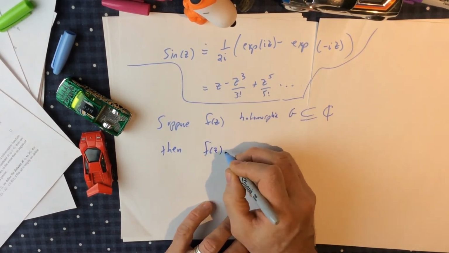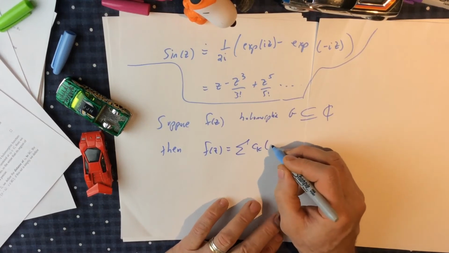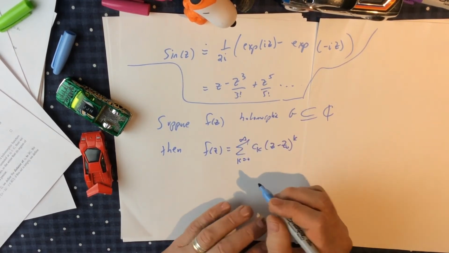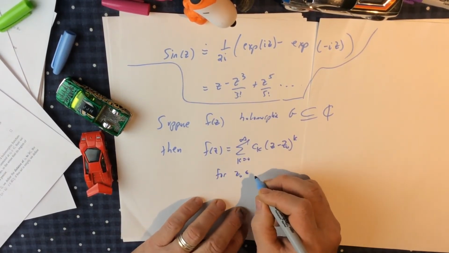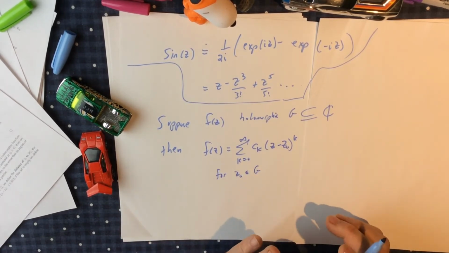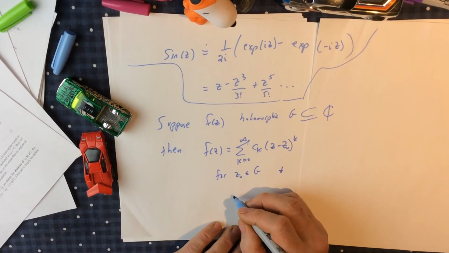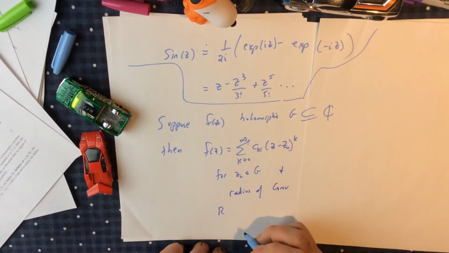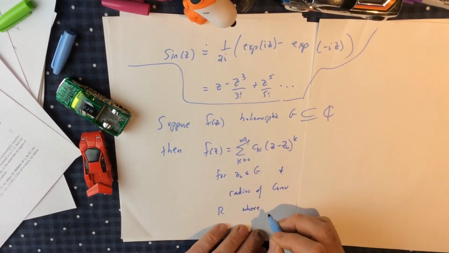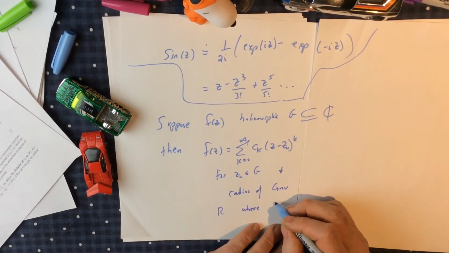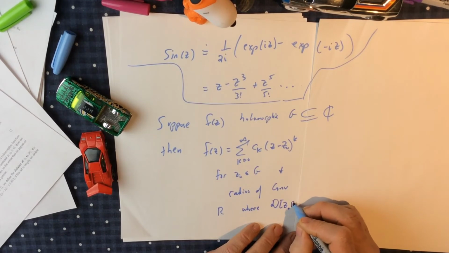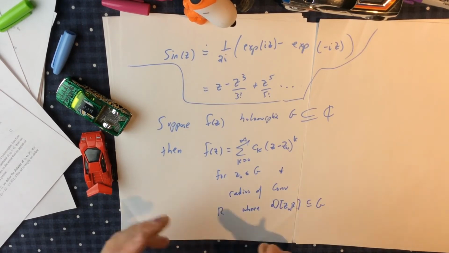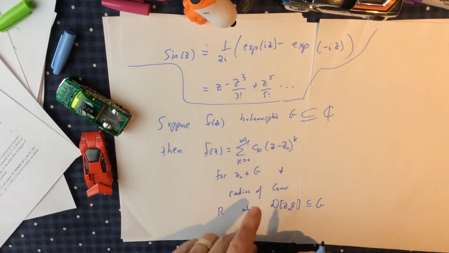Then f of z is equal to a series of c k times z minus z naught to the k, k equals 0 to infinity, for z naught an element of G, so you can do it at any point, and there's a radius of convergence up to a value r, where the disk fits inside of G. Now, that's really interesting, but it hasn't told us how we find the constant.